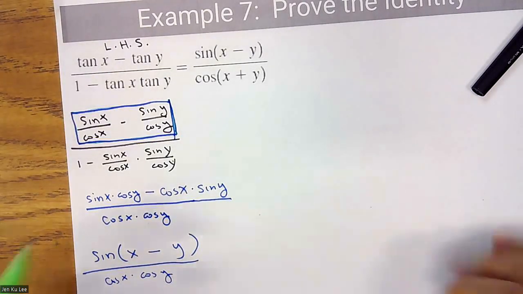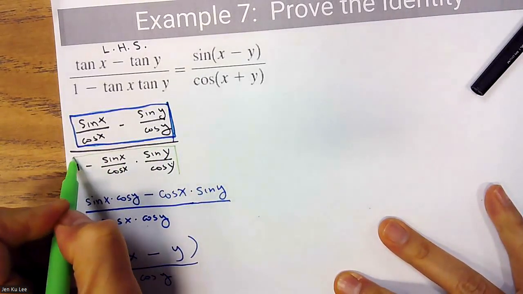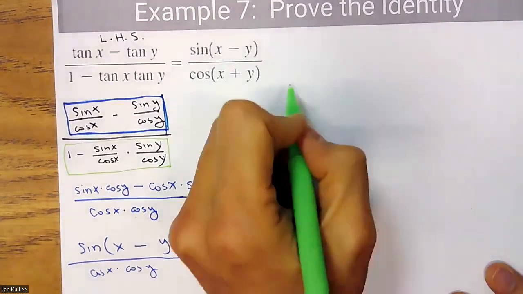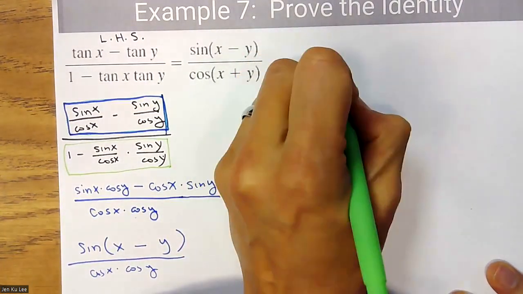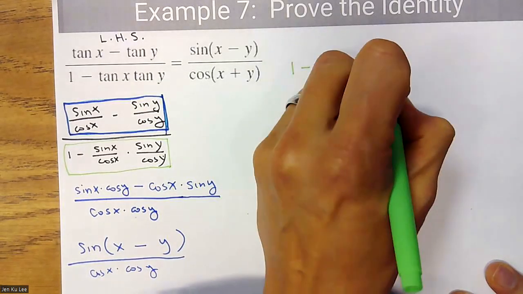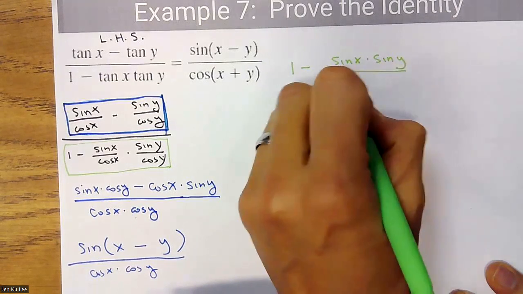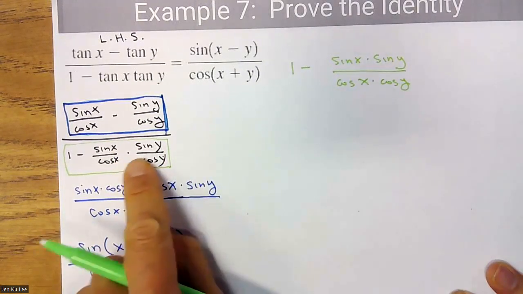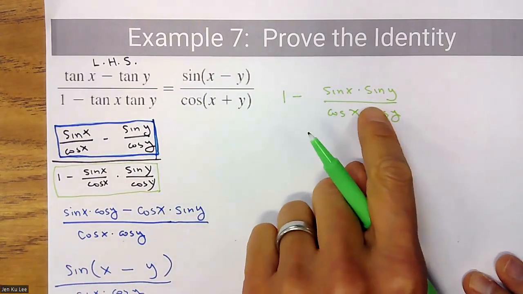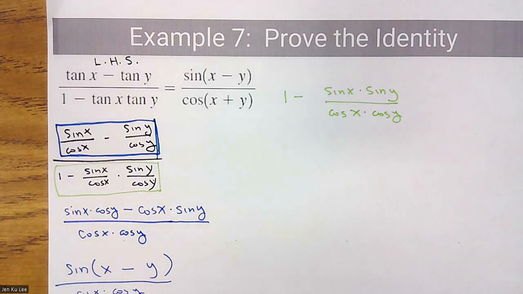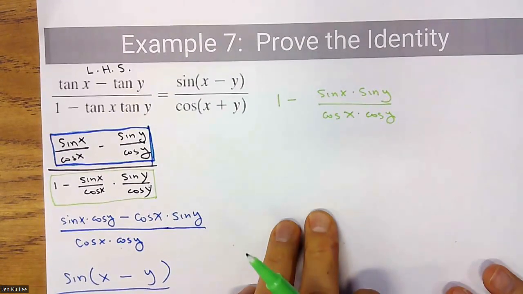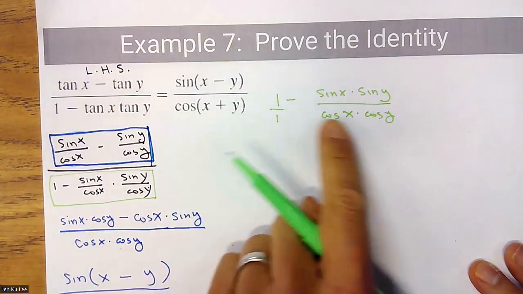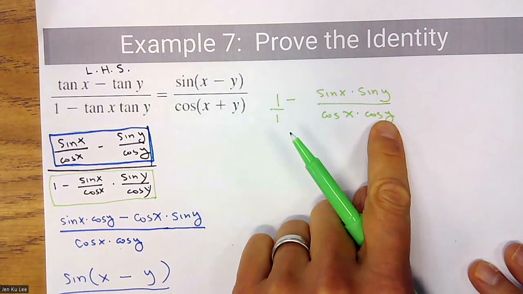And in this color, I'm going to simplify that. First, it's going to be 1 minus sine of x times sine of y over cosine of x times cosine of y. I just multiplied these two to get it into one fraction. So now it's 1 minus that, so 1 over 1, and cosine of x times cosine of y.